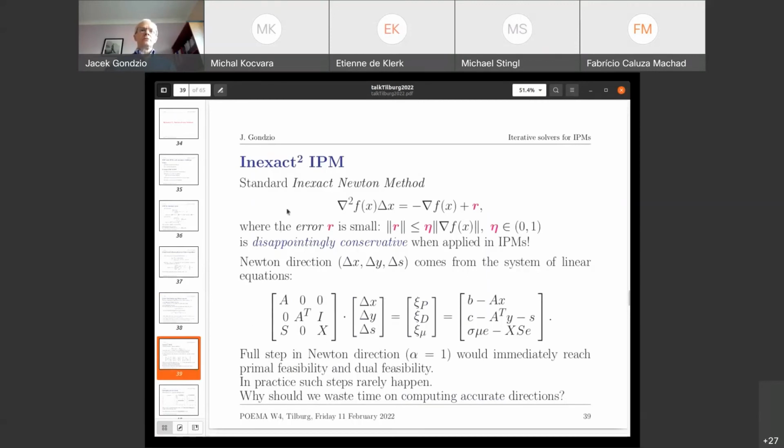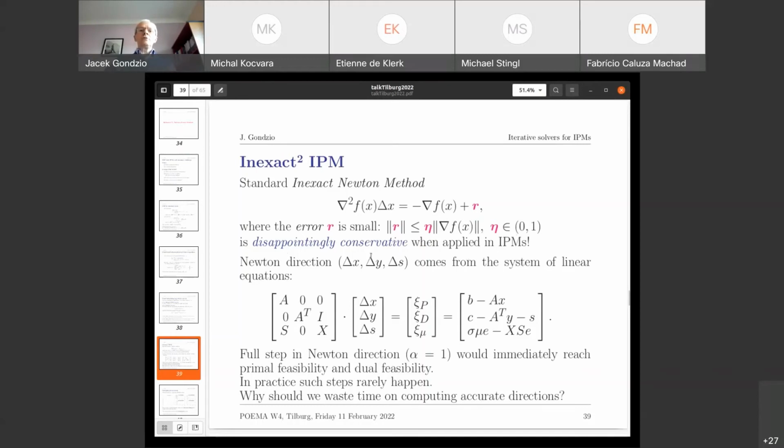My second observation is about inexact interior point methods. I already tried to convince you that Newton method can be replaced with an inexact Newton method in which small error will be admitted. And as long as the small error is only a fraction of the right-hand side, the method would behave well. But I have to tell you that even such a method may occasionally be amazingly conservative and disappointingly slow.